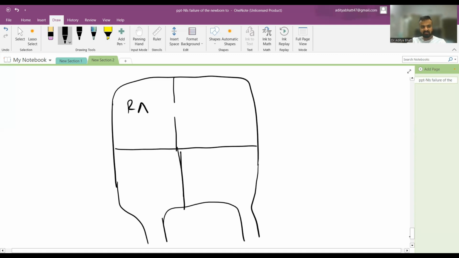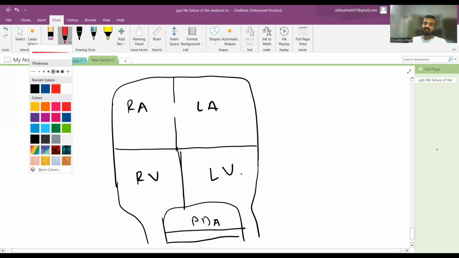This is the right atrium, left atrium, right ventricle, left ventricle, and then there is the PDA, everyone's favorite. There is a foramen ovale over here in the atrium. Everything that I show you in red color is suggestive of PPHN.